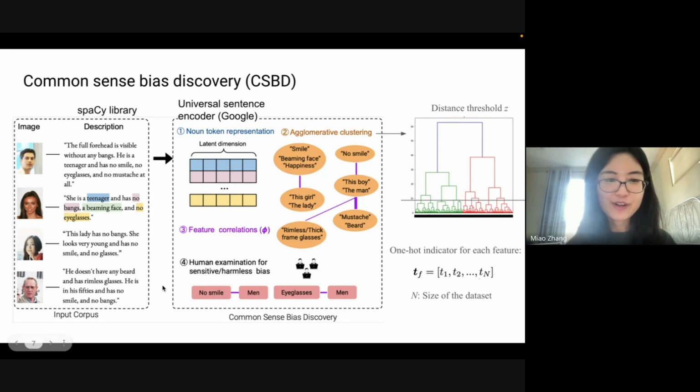Because we do get a lot of naturally connected features that are okay, such as a mouth opening and smiling. They're basically describing the same object, and they do not need to be tackled. So we do think a human in the loop is a good interface here.